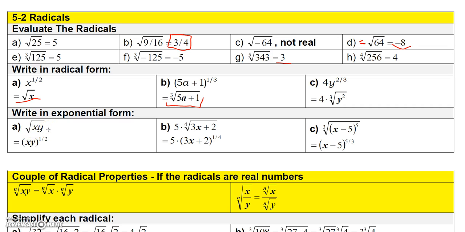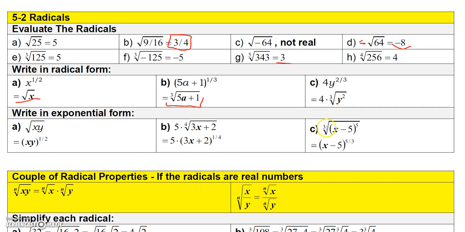And then here you have the square root of xy. We're supposed to write this in exponential form. Well, since both of these are under the square root, then we could say this is the quantity xy raised to the 1/2 power. Now here you've got 5 times this fourth root, but the 5's not in the radical, so we would only take the 3x plus 2 and say that's raised to the 1/4 power, and we keep the 5 out here by itself.